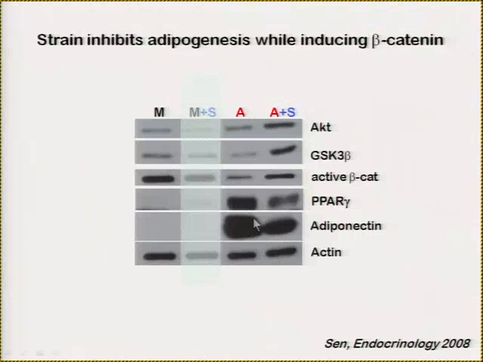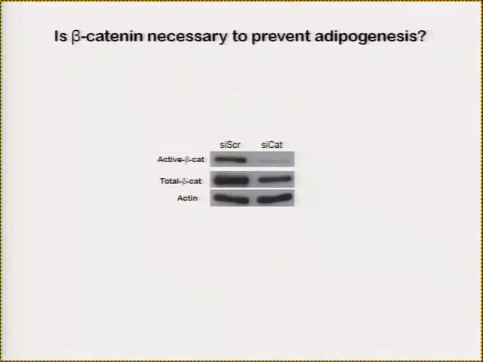We turn on this fat marker adiponectin, and we decrease the amount of beta-catenin, comparing here to here. If I exercise those cells, I turn on beta-catenin, and I reduce the number of cells expressing PPAR gamma and adiponectin. And I'm not going to tell you about this because Marshall doesn't want me to. So these cells are less fatty when they have this direct exercise in culture.